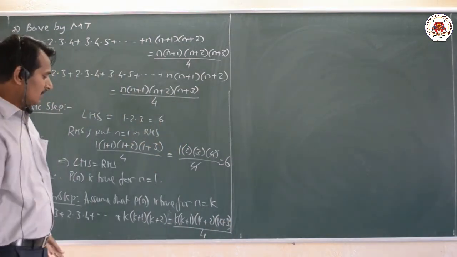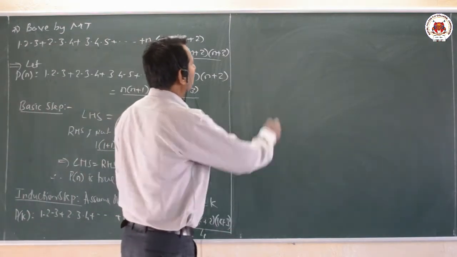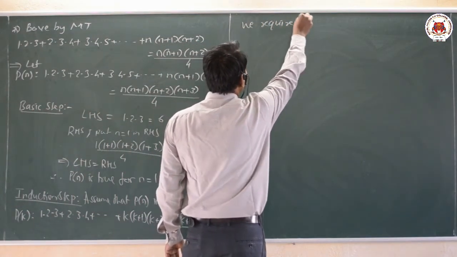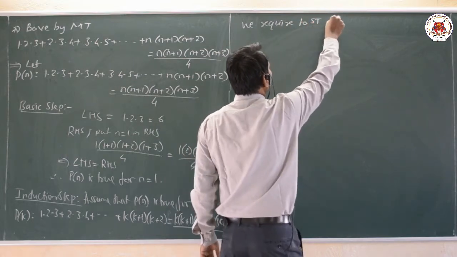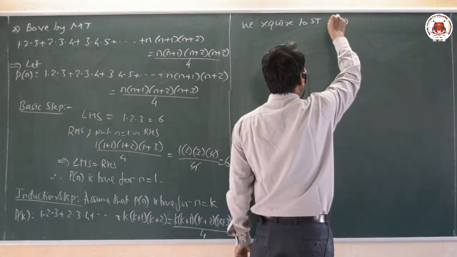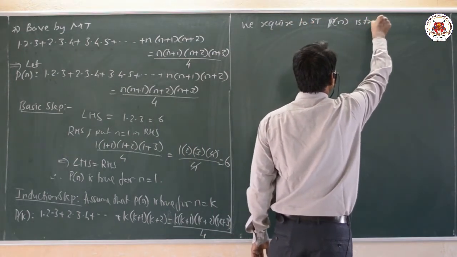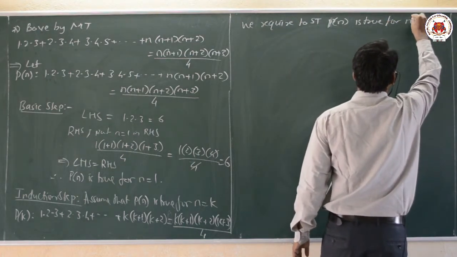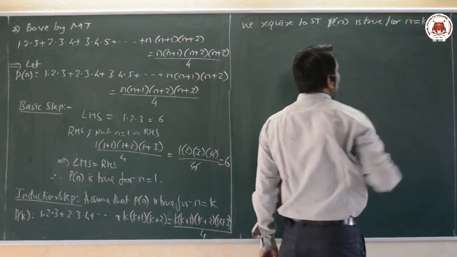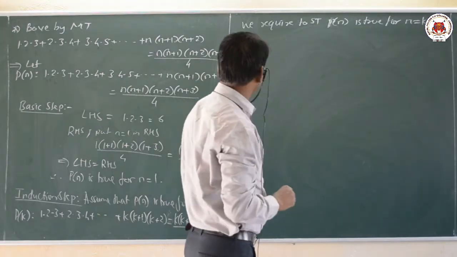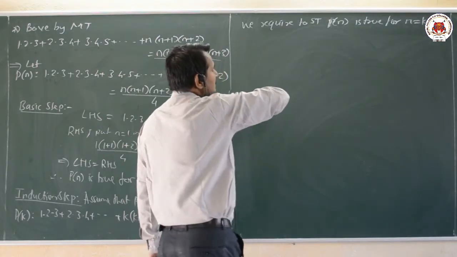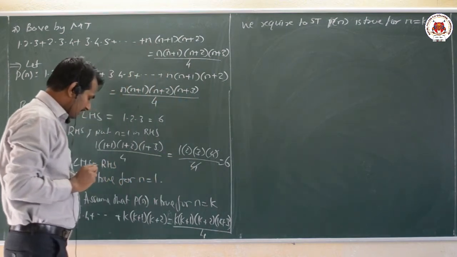This is one thing. Afterwards we require to show that P(n) is true for n equal to k+1. That means here we require to add some values. What values do we require to add?